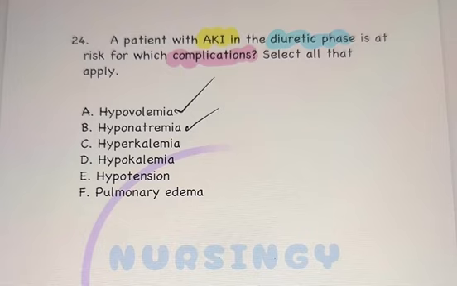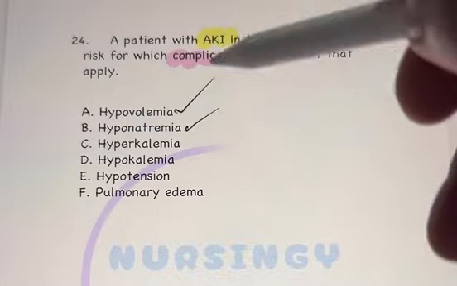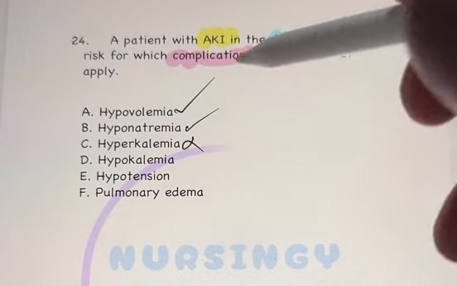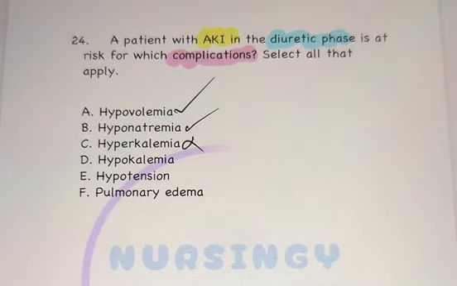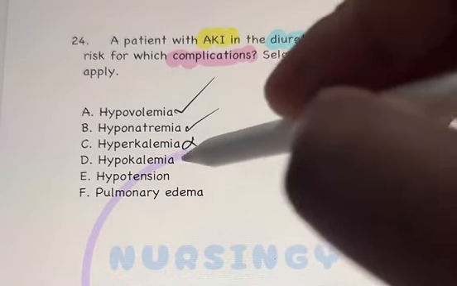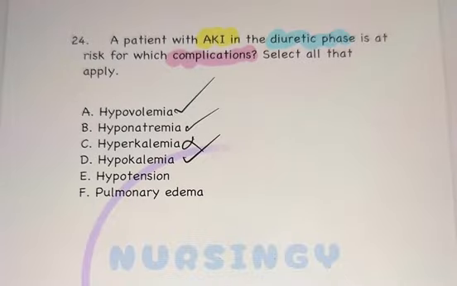During the diuretic phase, the kidney will excrete potassium also. So you will not see hyperkalemia, you will see hypokalemia because a large amount of potassium is getting excreted. Make sure which phase is going on.